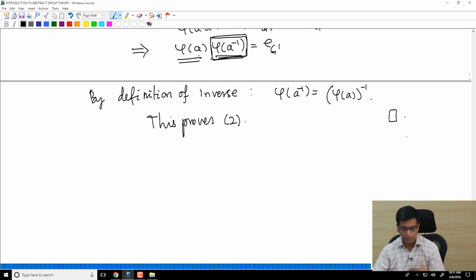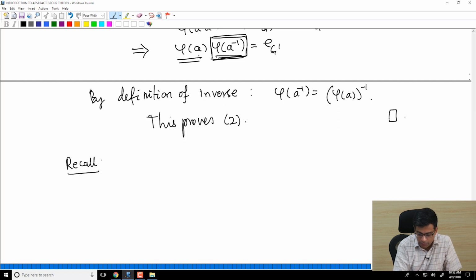This is useful to keep in mind because it tells you quickly if a map is a group homomorphism or not. If it doesn't send the identity element to the identity element, it cannot be a group homomorphism. If you recall, one of the examples in the previous video was a function from Z to {1, minus 1}.